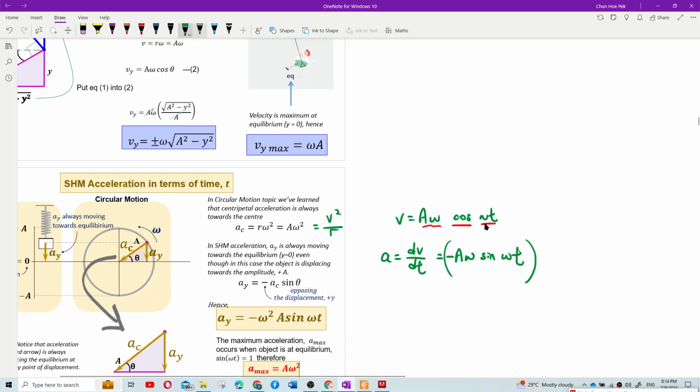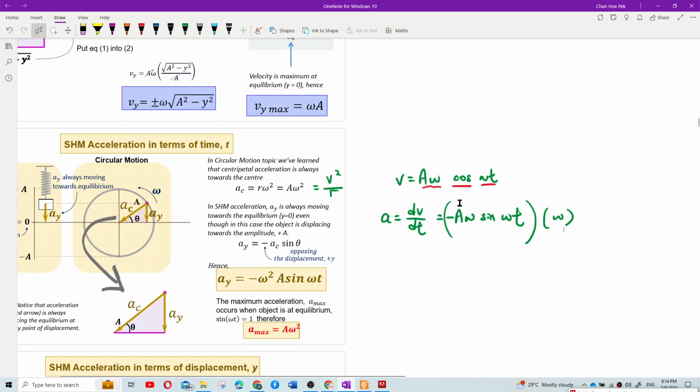We get another omega because we differentiate against t, so we only take the constant value. In mathematics, you must master differentiation, then only you can understand. Differentiate omega t, we get omega. So a equal to negative A omega square sine omega t.